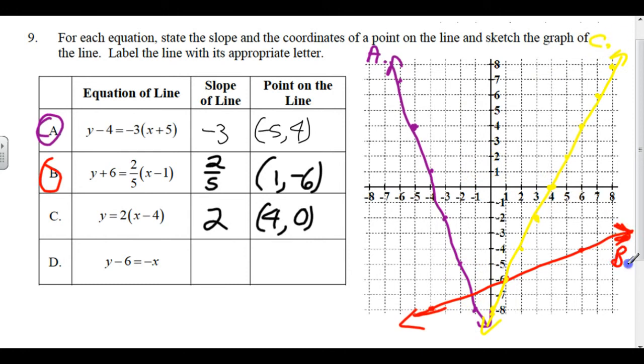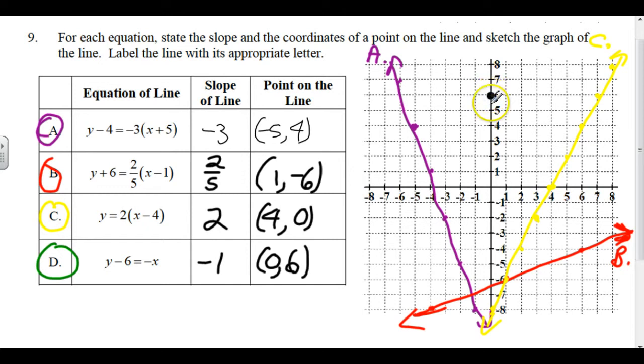And this was B. C was yellow. D will be green. It has a slope of -1, has an x value of 0, right? Because we don't see anything there, and a y value. Remember, it's y minus y1, so y1 is +6. So we have 0, 6.